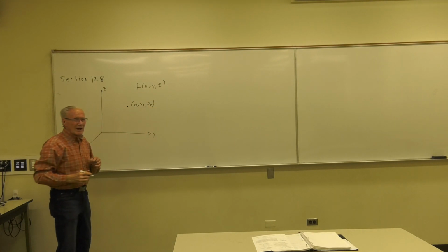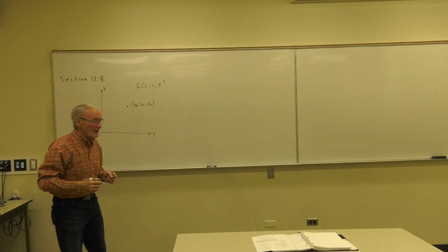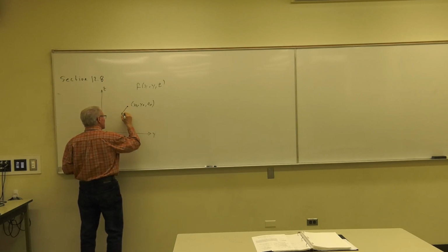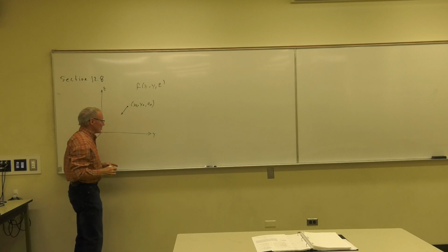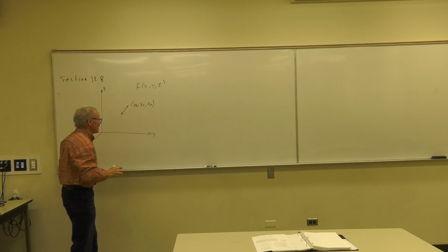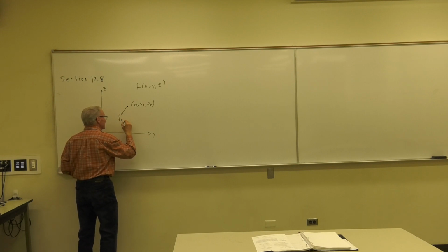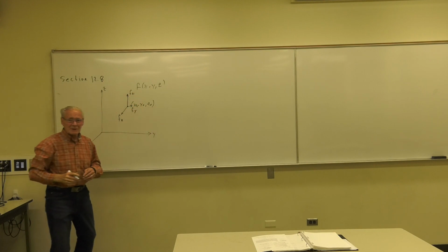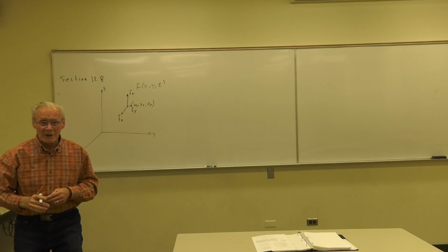You know that we could calculate df/dx. df/dx would represent the rate of change of the temperature at that point going in the x direction. df/dy would represent the rate of change going in the y direction, and df/dz would represent the rate of change of the temperature going in the z direction.